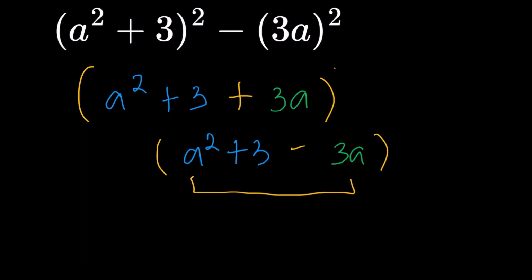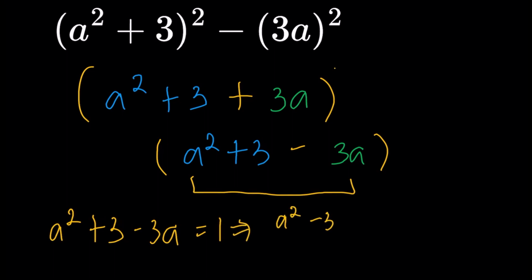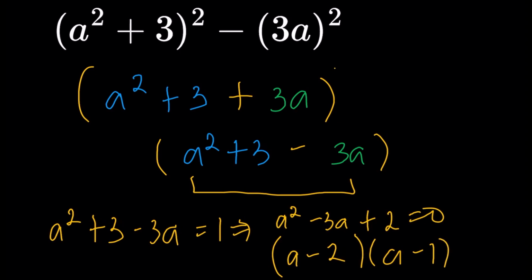It's a simple quadratic equation. From here we get a squared minus 3a plus 2 equals 0, and then we can factor the quadratic as a minus 2 times a minus 1 equals 0. We get a equals 2 from the first factor and a equals 1 from the second factor.